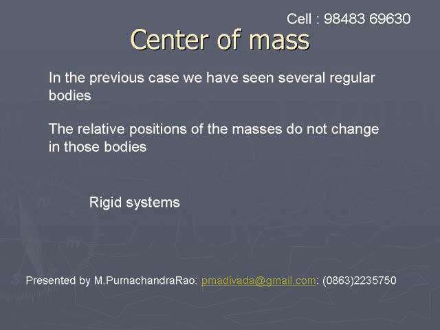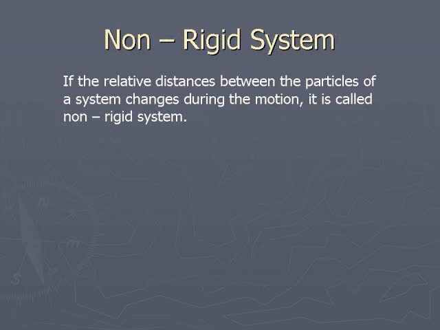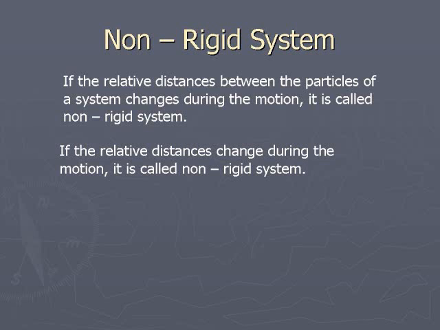During the motion, if there is a change in the relative distances between the particles of a body or system, such a system is called a non-rigid system.